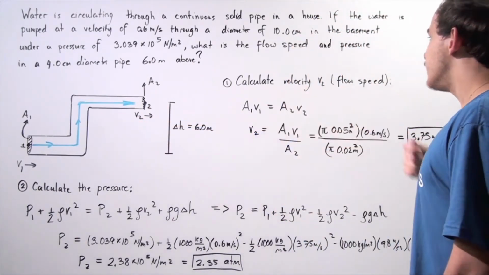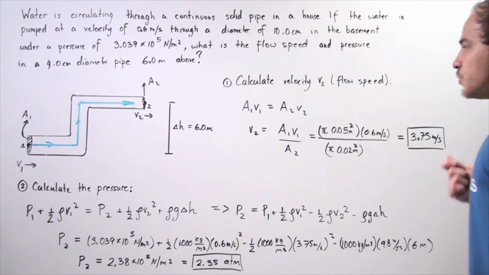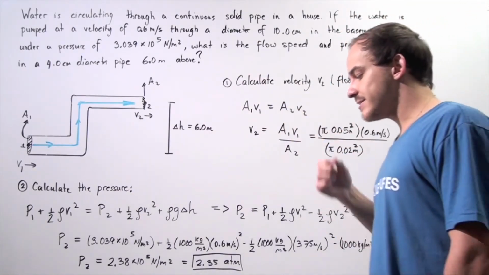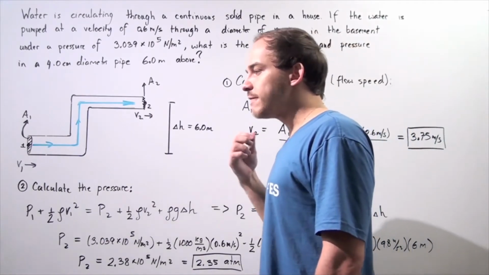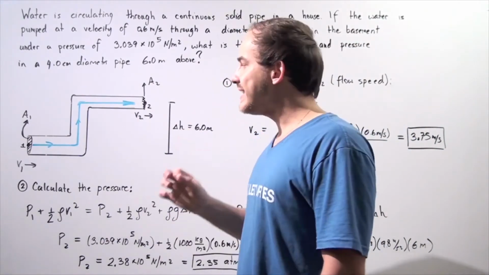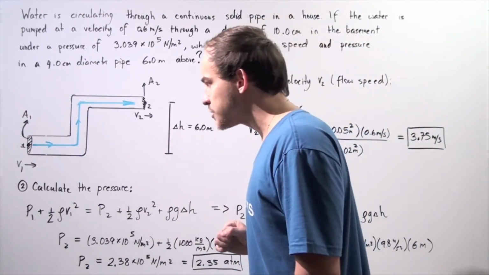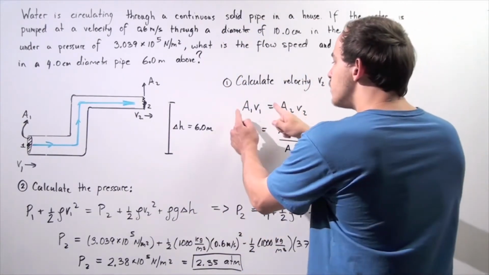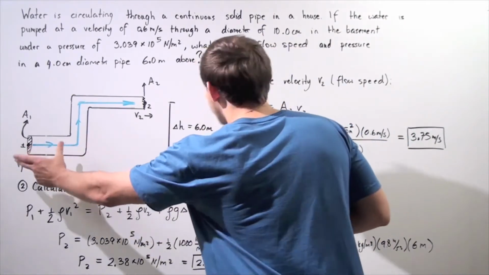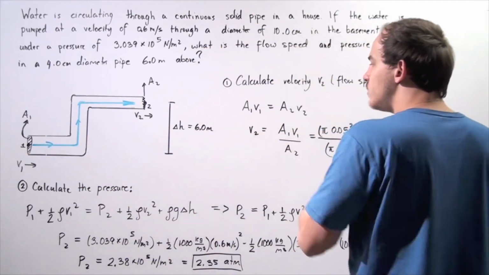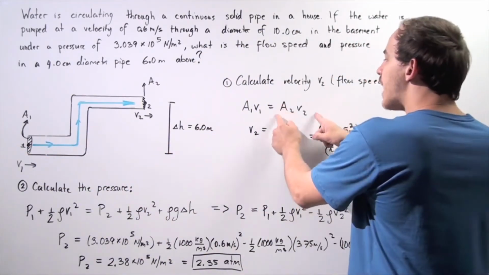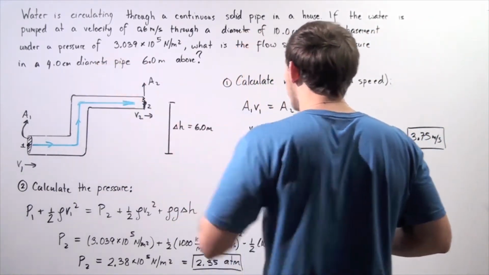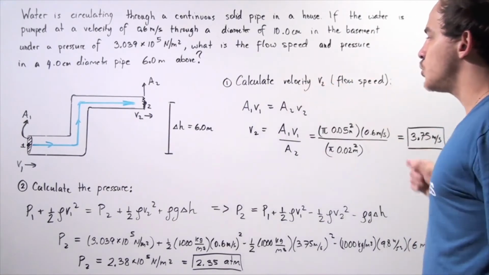To calculate V2, we use our equation of continuity, which basically states that the volume flow rate at any given point in our continuous pipe is exactly the same. So the volume flow rate in this section of the pipe, A1 times V1, is equal to the volume flow rate in section number 2, 6 meters above the ground, A2 times V2.